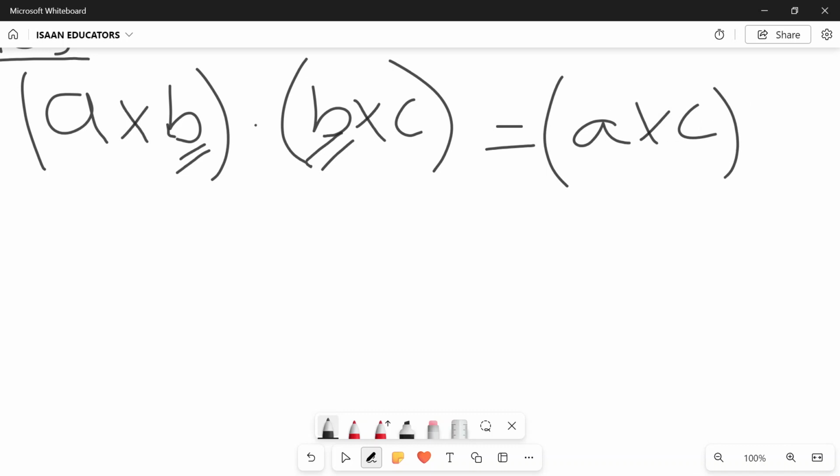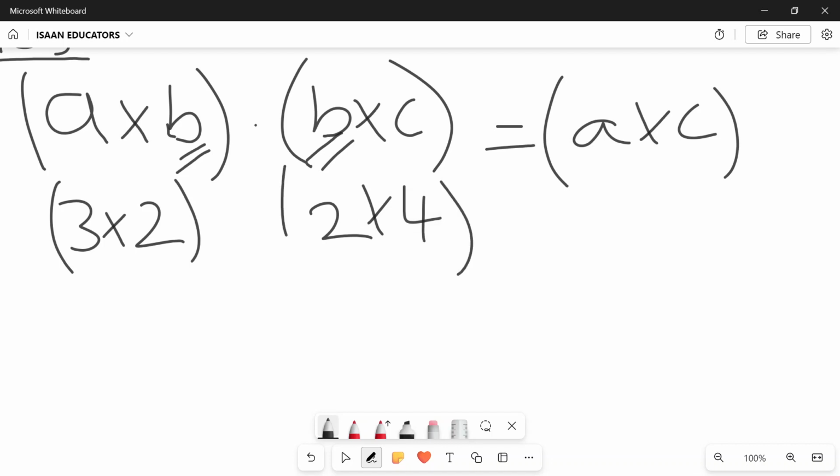So this is what we mean mathematically. For example, if you have a 3 by 2 matrix and another matrix which is a 2 by 4 matrix. As you can see here, we have two columns and 2 rows.